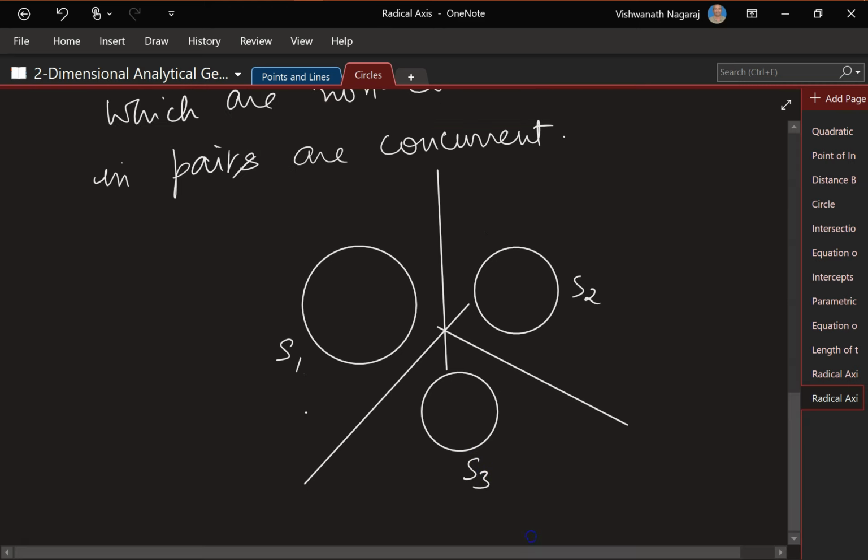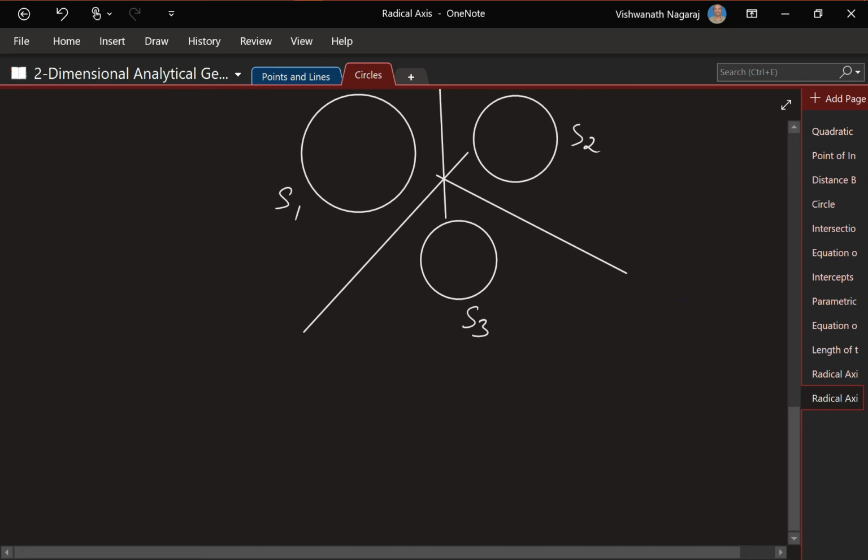Then in that case, remember, as far as the power of a point is concerned, we can get it just by subtracting. So S1 is, let's say, x square plus y square plus 2g1x plus 2f1y plus c1 equal to 0.